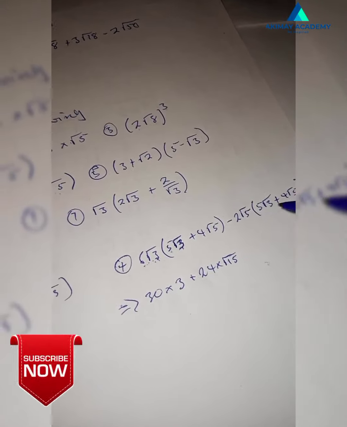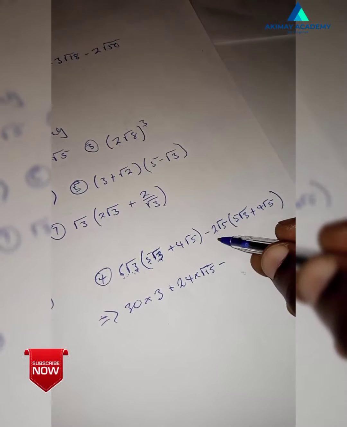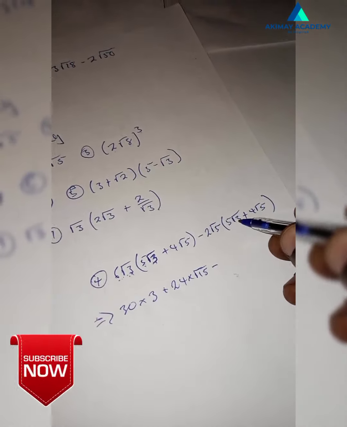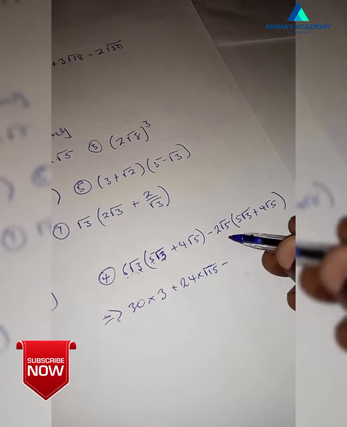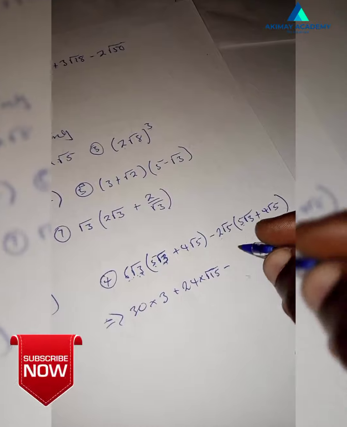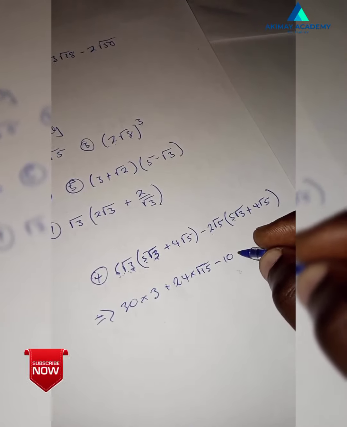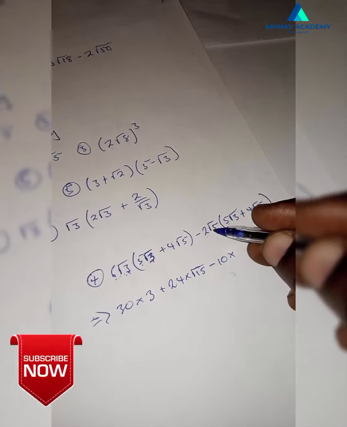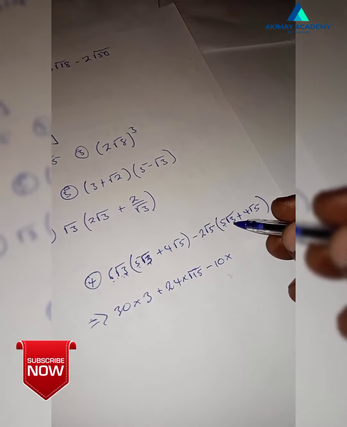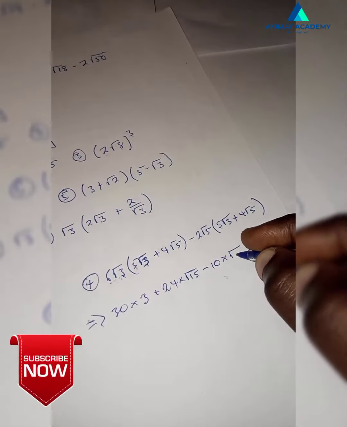Then we come to the next part over here, minus 2 root 5 times 5 root 3. The rational multiplies the rational over here. 2 times 5, which is 10, multiplying root 5 times root 3. So root 5 times root 3, we have root 15 over here.